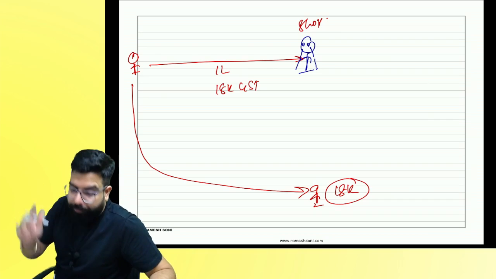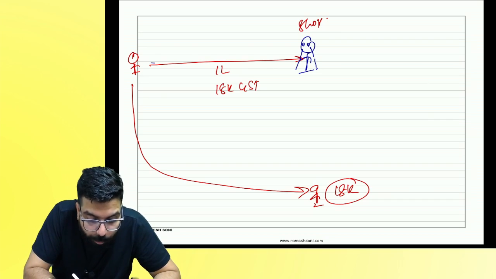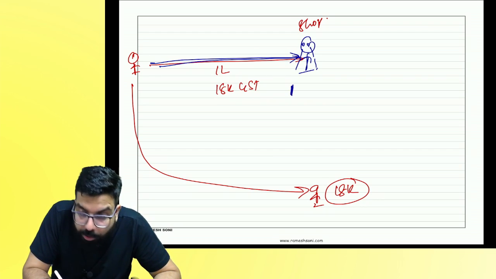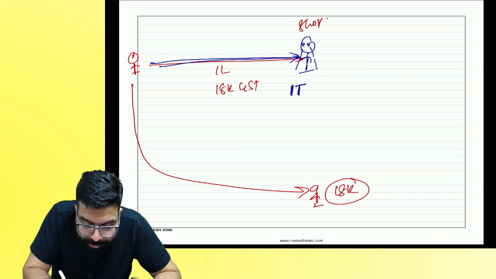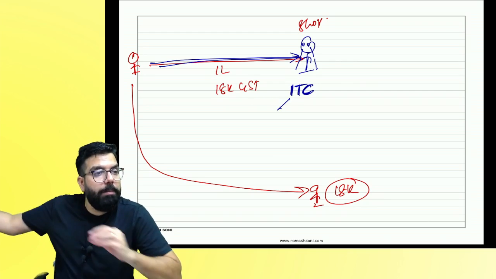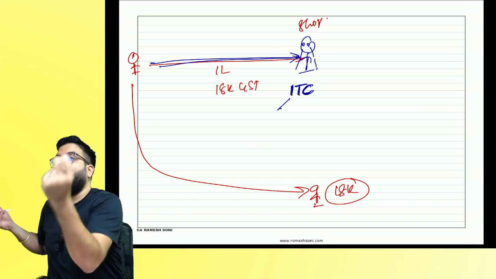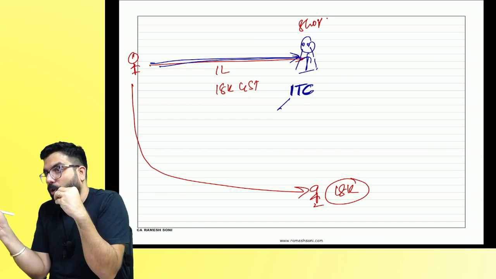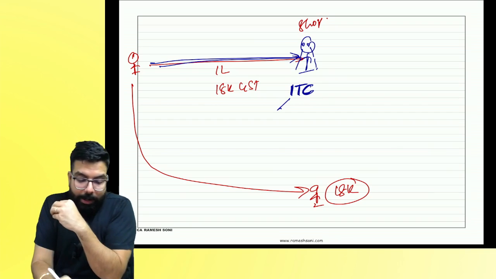The government will tell you, Baba, wait. Whatever you bought, whatever is your inward, on that whatever tax you paid, you take the credit. The government gives you the credit. Inward means on your buying. People, this is a very important concept. Please listen, everyone. Inward supply: whatever tax you pay, you get the credit. How much credit will you get?